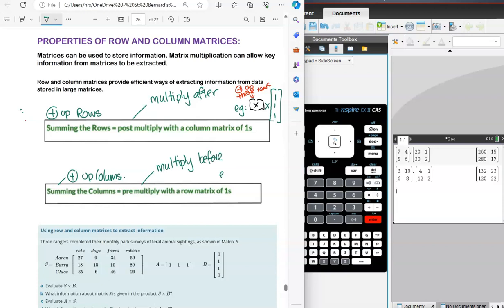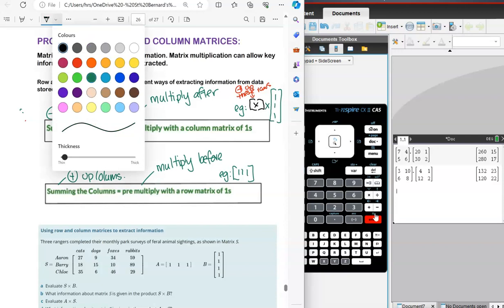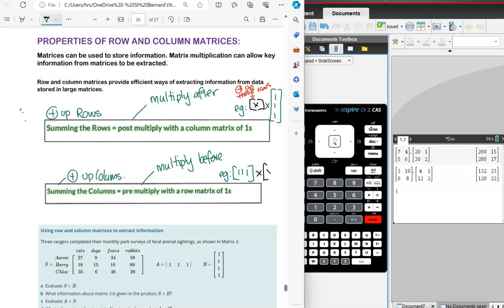So for example, we'd have a row matrix and we're going to multiply it by the matrix we've got. So that will allow me to add up the columns of that matrix.